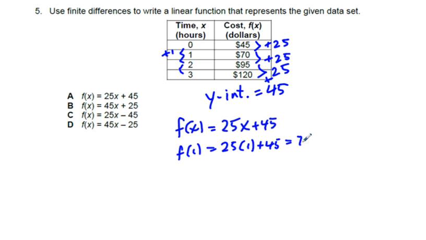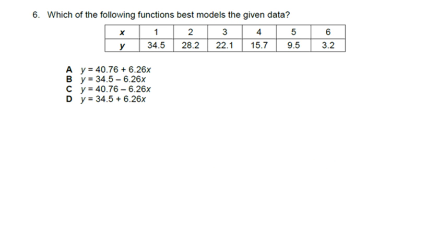That's going to equal 70. That checks. f of 2 is going to be 25 times 2 plus 45. That's going to be 95. Check. Yeah, that's right. So it's going to be this first one here. It's choice A.